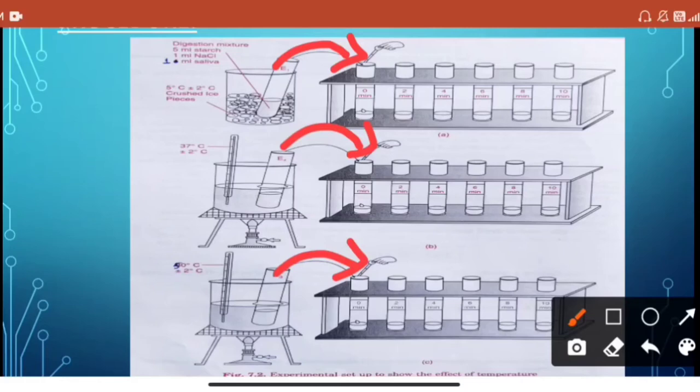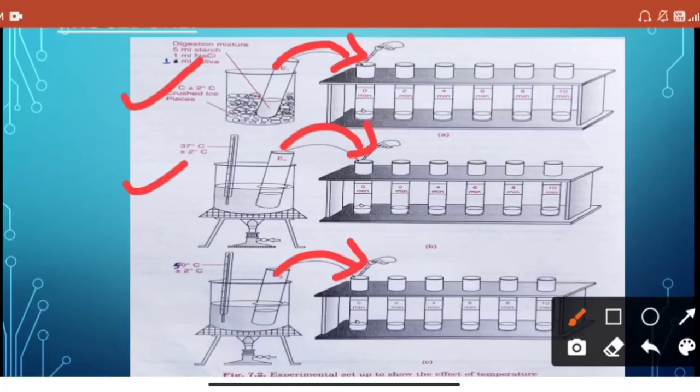Now you know that in the lower temperature the activity of salivary amylase will be very low. The enzymes will be inactive there. In the second set, as I said, it is maintained close to 37 degrees Celsius. The action of the enzyme will be very fast. Within a few minutes we will get the result, means the change of the coloration.